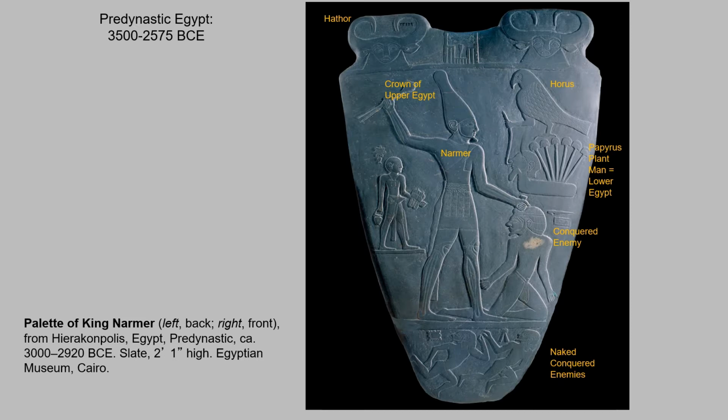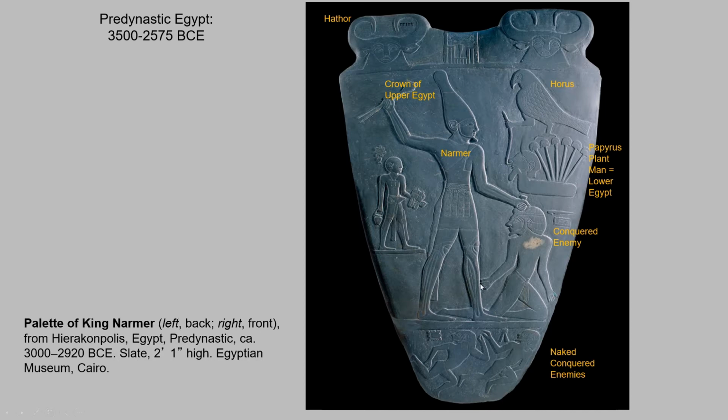And then we see, once again, Horus, this falcon god, protector of the pharaoh, holding this odd sort of hybrid of man and plant, representing Lower Egypt. Lower Egypt is associated with the papyrus plant, and so we see this sort of papyrus bush man hybrid being held by Horus. So once again, as another symbol of victory of Narmer over his enemy, the people of Lower Egypt.